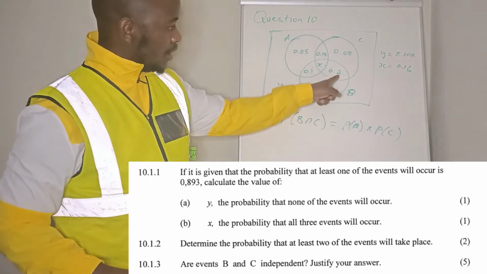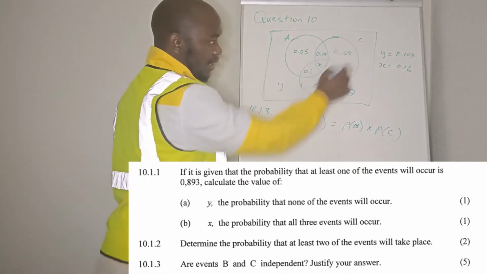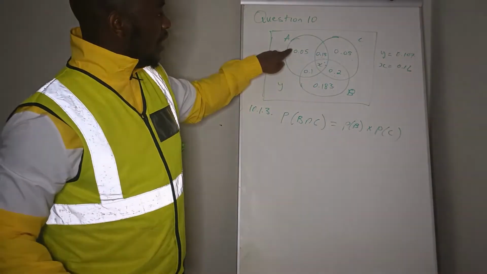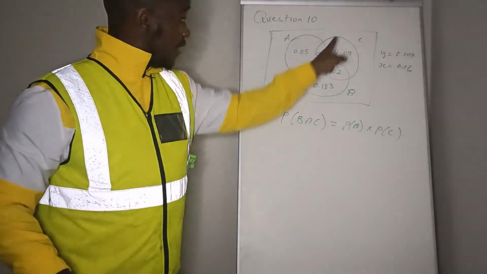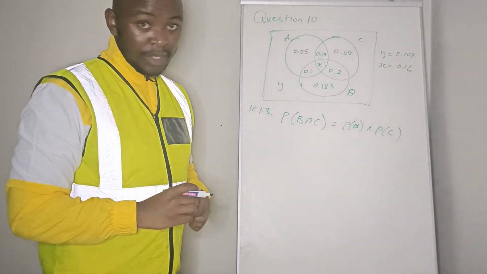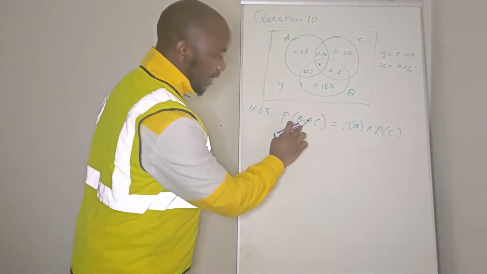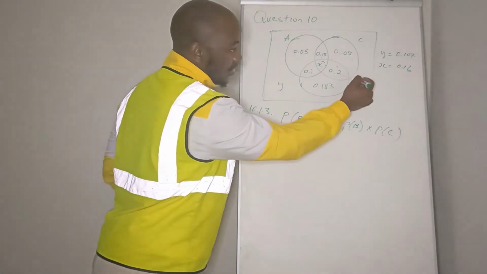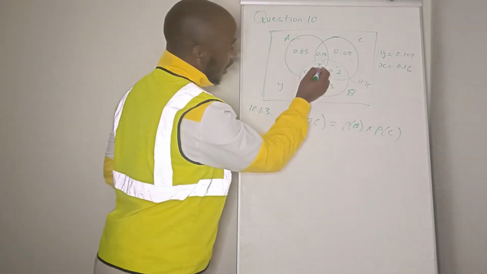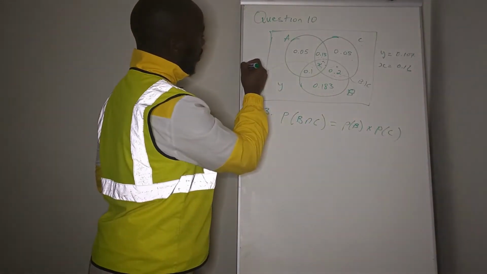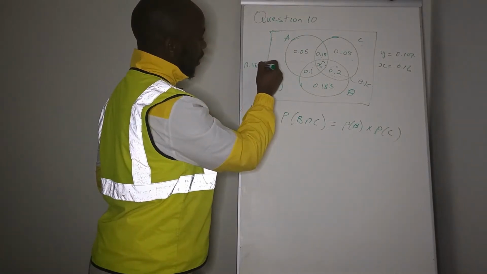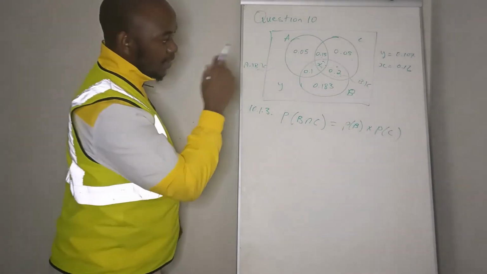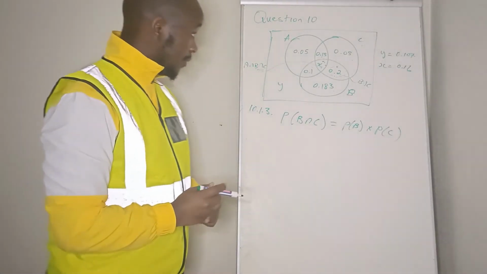B and C occur there, but isn't B and C occurring also here? Yes, this is the probability that A, B, and C occur, but isn't B and C also occurring in there? So the points where B and C occur are this one and this one, because we see the events B and C there, and here we see the events A and B and C. So B and C is still part of those events.